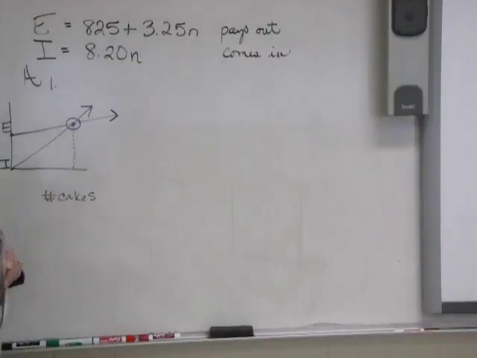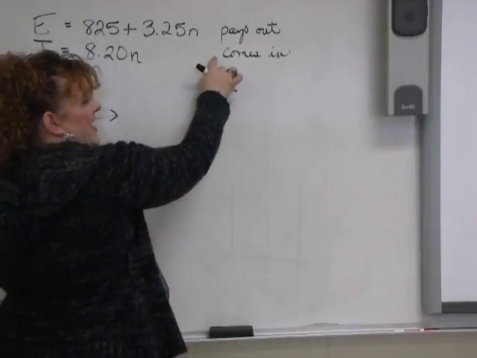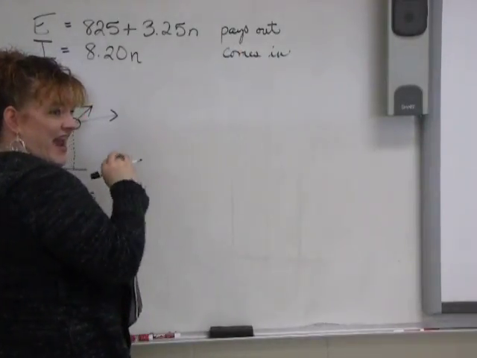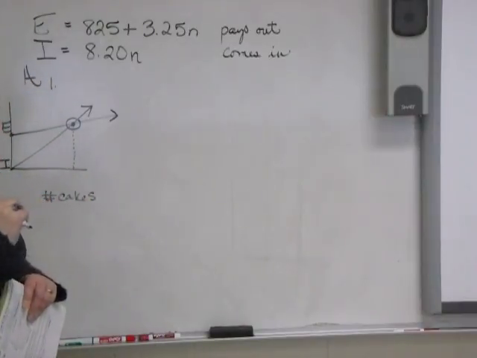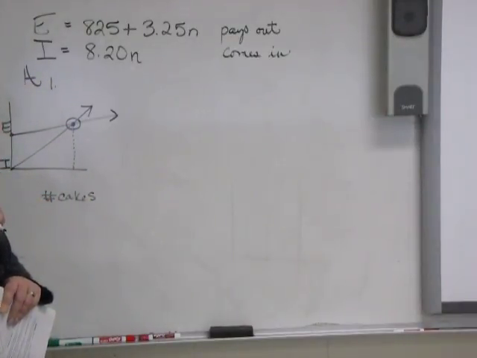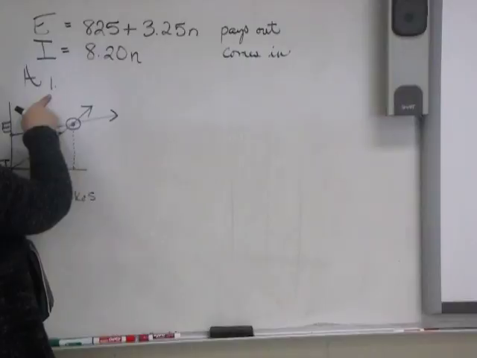It's where you break even. When you're spending or bringing in and paying out the same amount, where you break even at 0. When you're bringing in just as much as you're paying out, and it would equal out at 0, that's where you break even. So that's what A is asking.